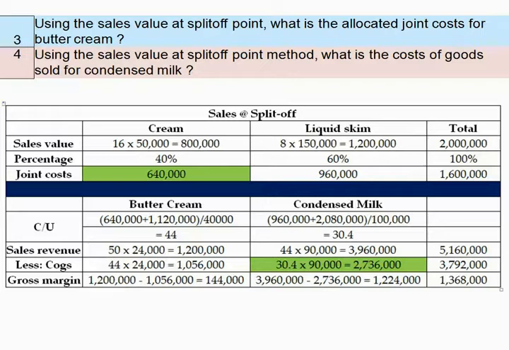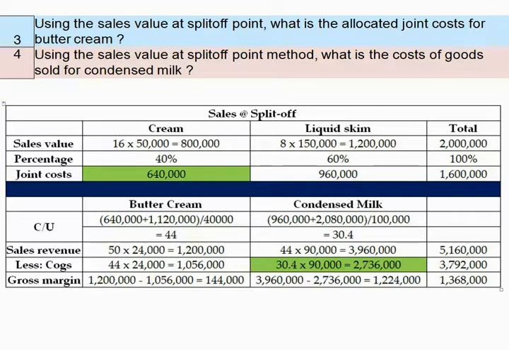5,160,000 less cost of goods sold. For cream, 44 multiplied by 24,000 equals 1,056,000. For condensed milk, 30.4 multiplied by 90,000 equals 2,736,000, with total cost of goods sold 3,792,000.